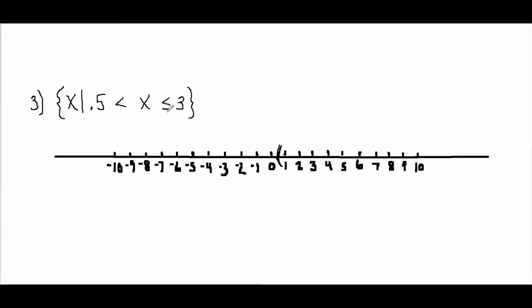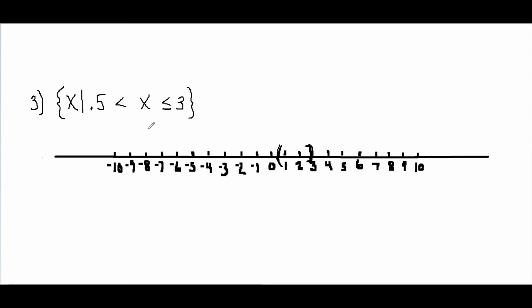Less than x, and x is less than or equal to 3. So with that equal in the inequality, at the 3 I'm going to put a bracket facing the left, as such this way. And there I see it.